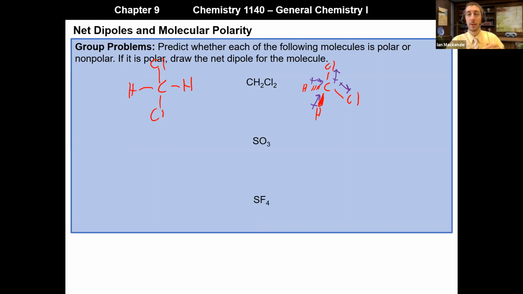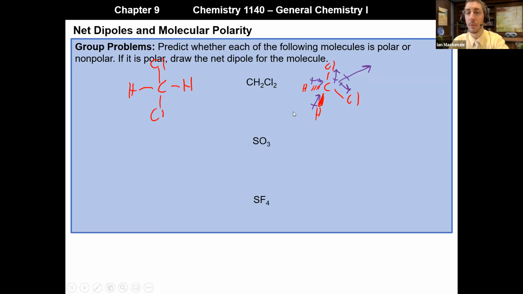But essentially, anytime that I have two bond dipoles, the net dipole is going to lie in between the two. So I can draw the net dipole moment for this as simply being drawn in this direction, where this side of the molecule up here is going to be the partial negative, and this side on the left will be the partial positive for the molecule.